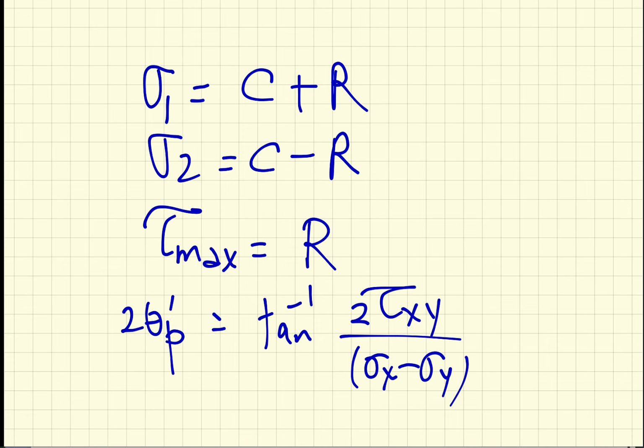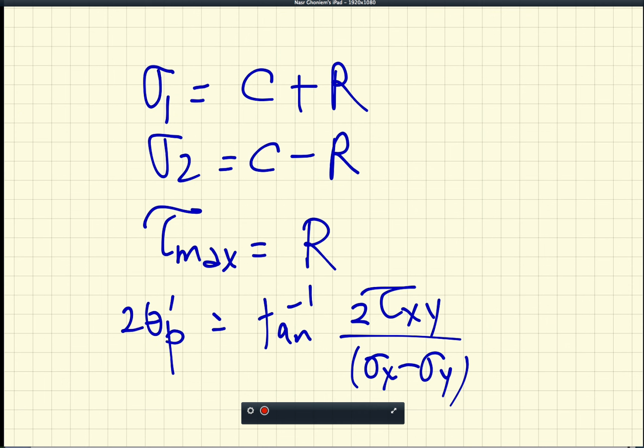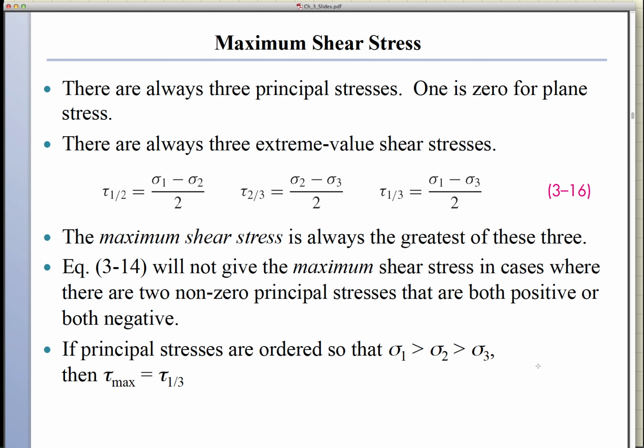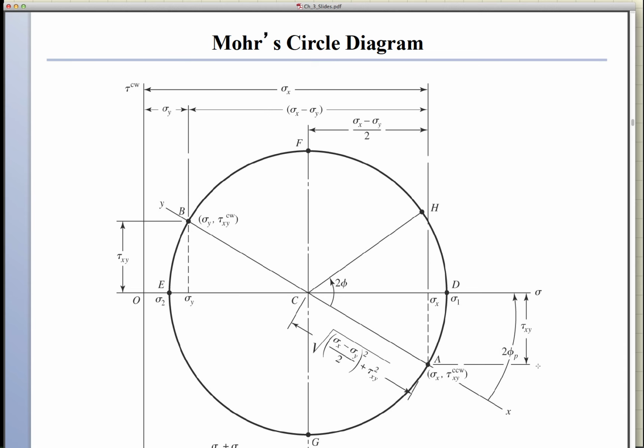So that gives us all of the information that we need to do the calculations. So having done that, we can now take an example to work on.